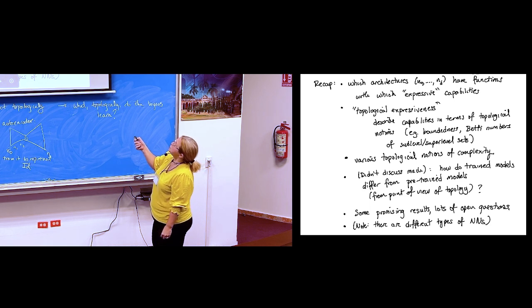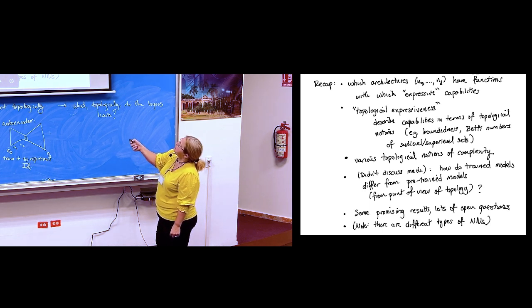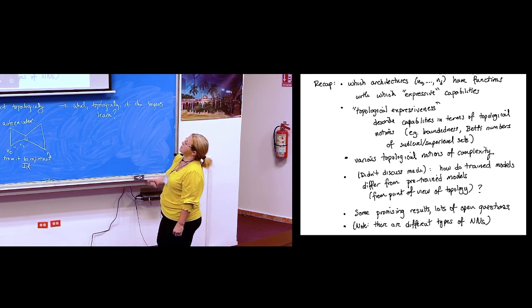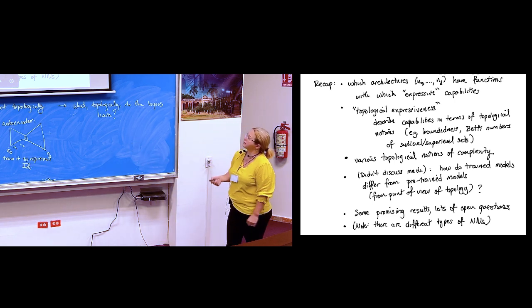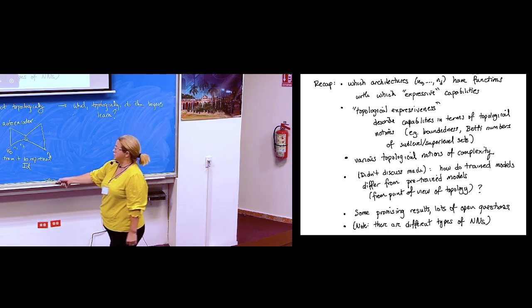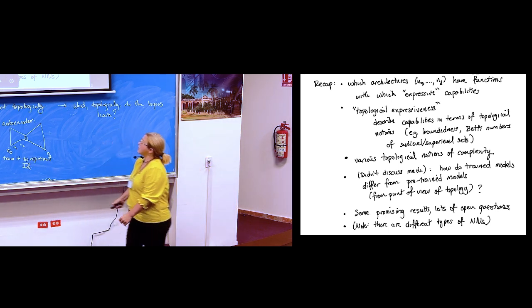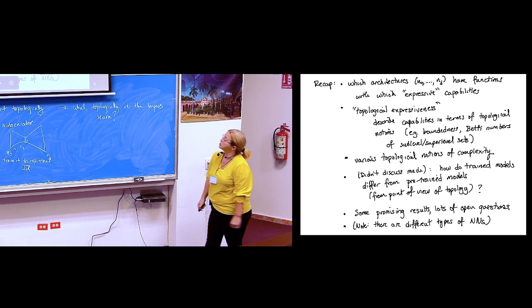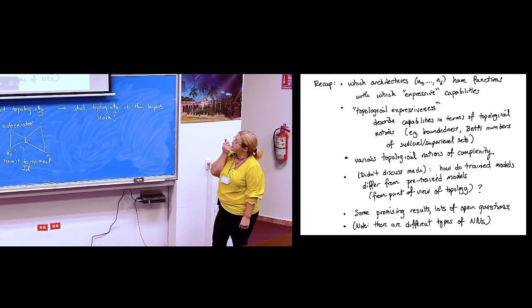And by do what, I mean what can they express, and can we use topology to express these constraints? We've seen that there are various topological notions of complexity, like ranks of homology groups. We can talk about persistence diagrams, how quickly they change, in which ways they change, boundedness, numbers of cells, and so on.